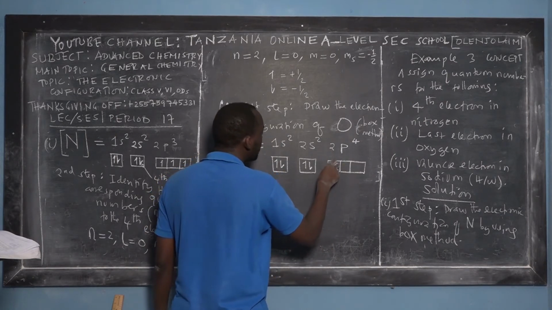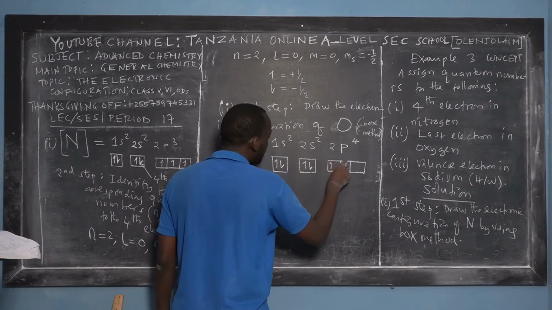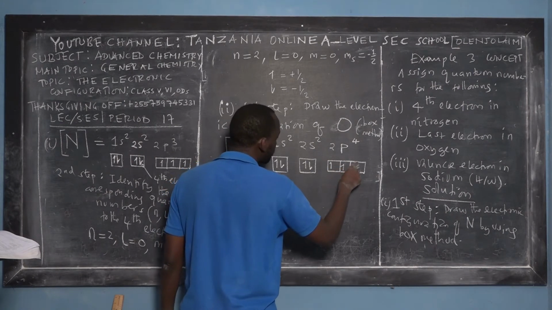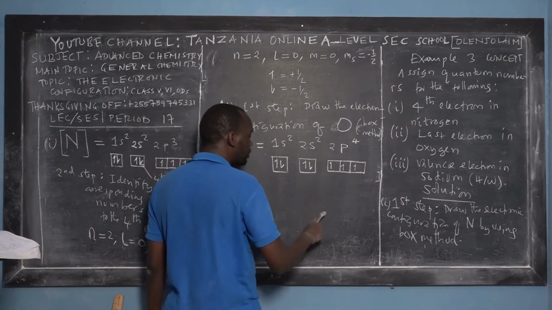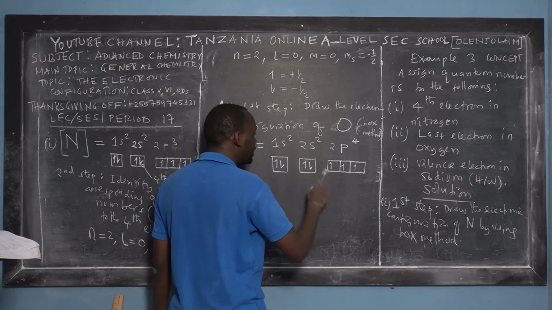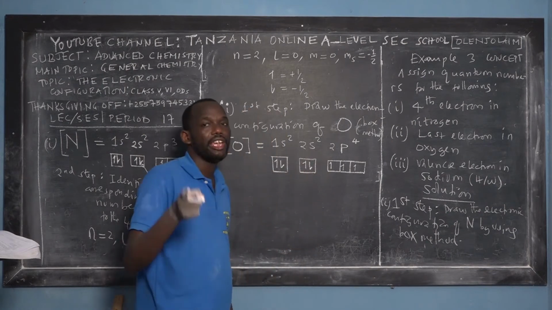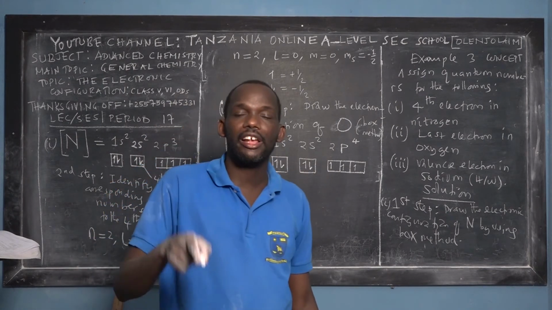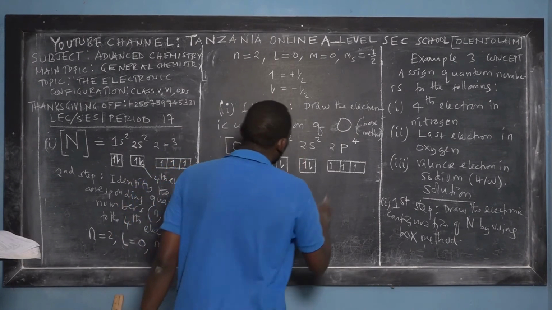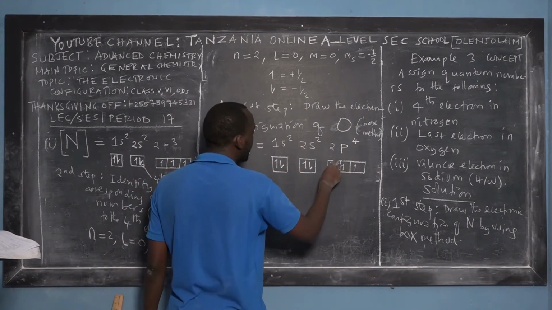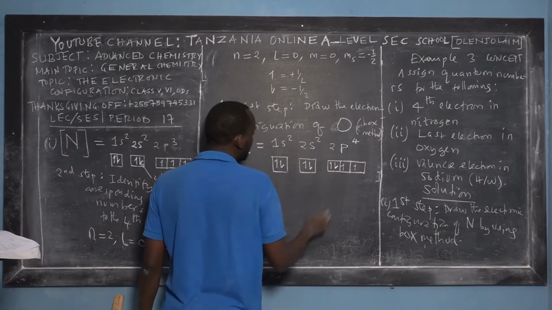So the principle, according to Hund's rule, is to half fill the orbitals first. It means that no pairing is allowed in the sub-energy level until every orbital is singly filled. So here we have 3 electrons, we still have 1 extra electron, we have to fill it here.